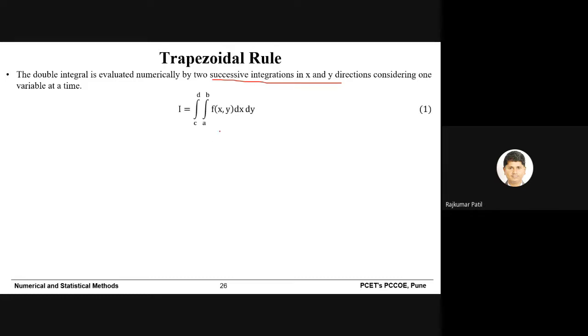So let's consider this particular equation. I is equal to integration c to d, integration a to b, f of x y dx dy. In this particular problem, the integration a to b f of x y dx is the first part that you need to solve.